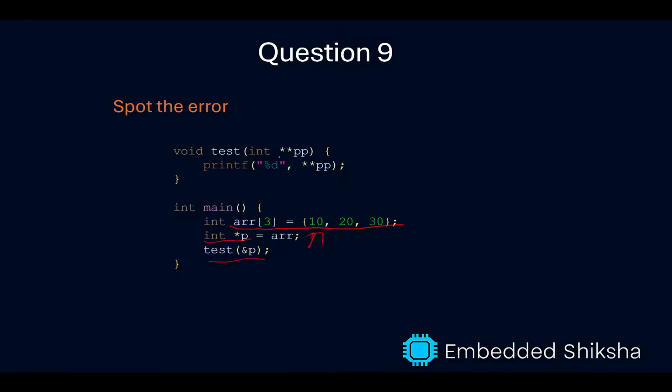It is collected in your double pointer, and you are dereferencing that double pointer 2 times. It goes back to the value of p, and then to the value of this element of the array. So it will print 10. There is no error at all, and it will give you the output 10.